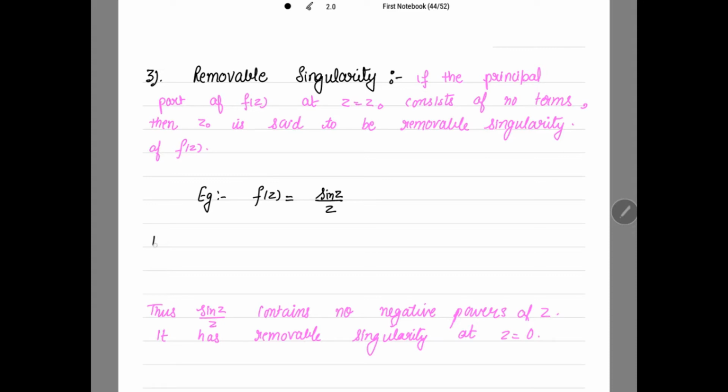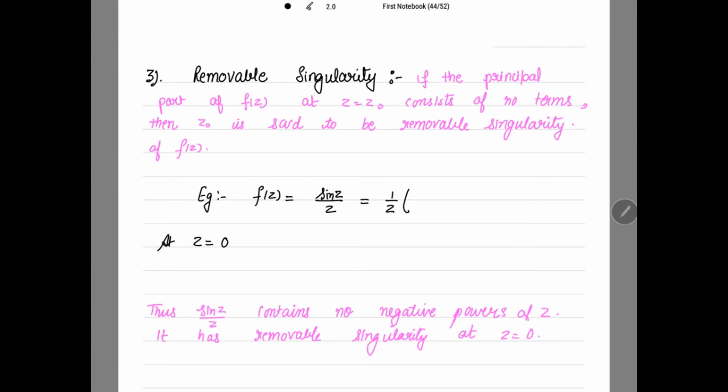At z equal to 0, I'm checking whether the singularity is removable or not. Let's express this function as 1 over z times sine z.